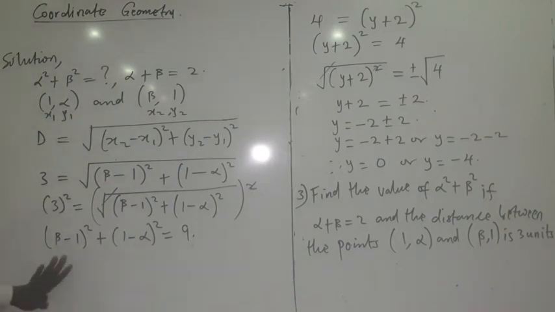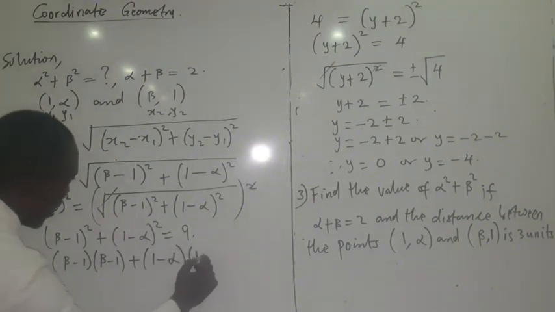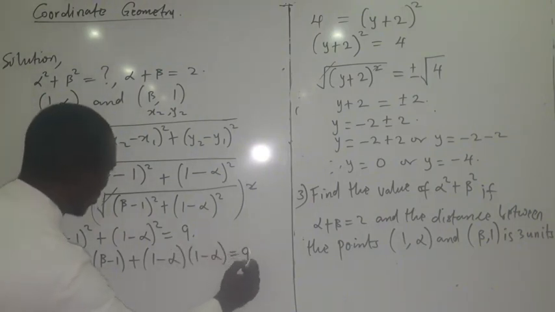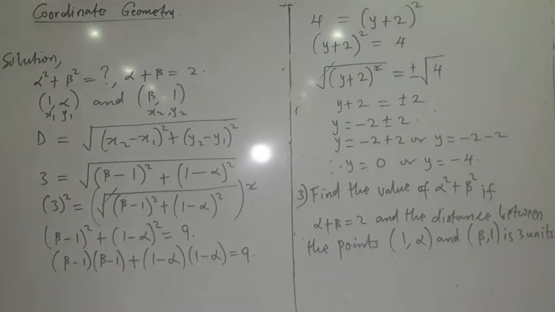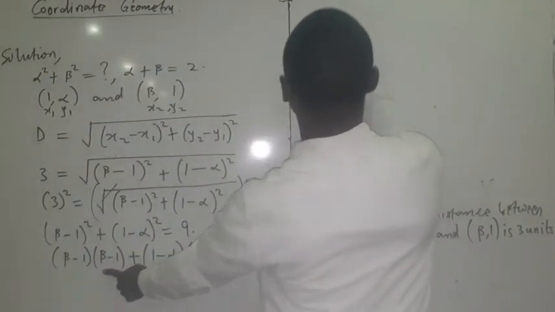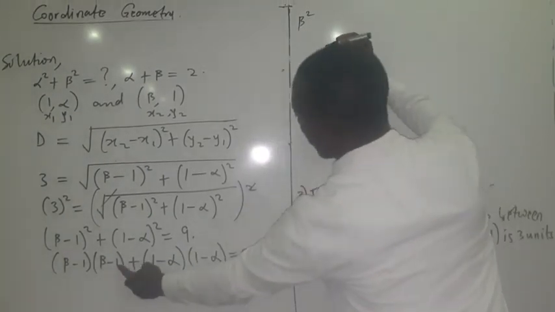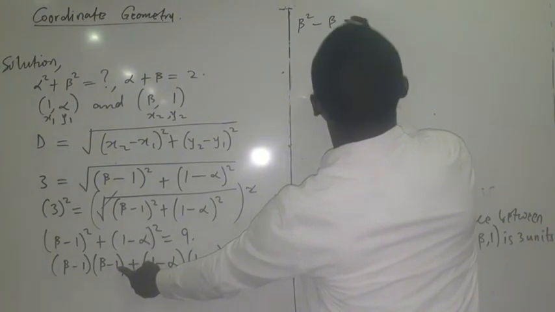So what's the next thing to do? We have to open the brackets. So we are going to have (beta minus 1)(beta minus 1) plus (1 minus alpha)(1 minus alpha) equals 9. So we have beta multiplied by beta, that is beta squared. Then beta multiplied by minus 1, that's minus beta.